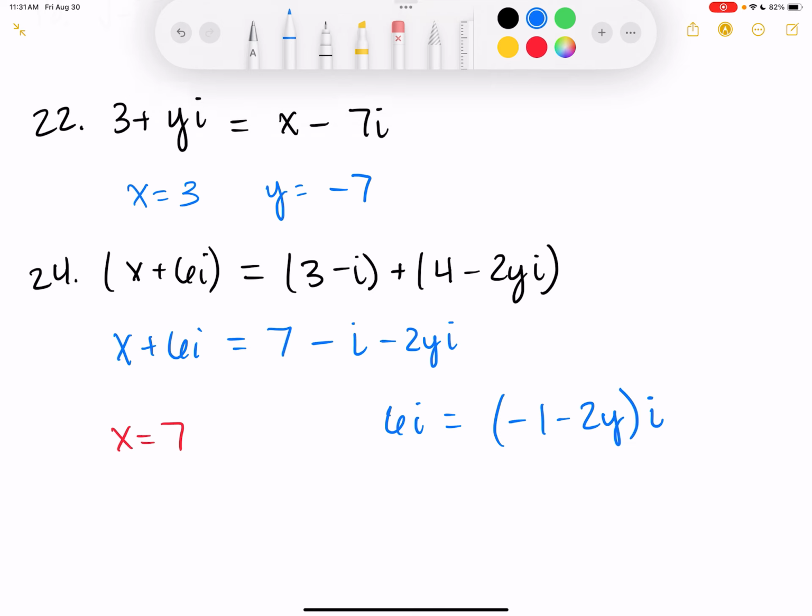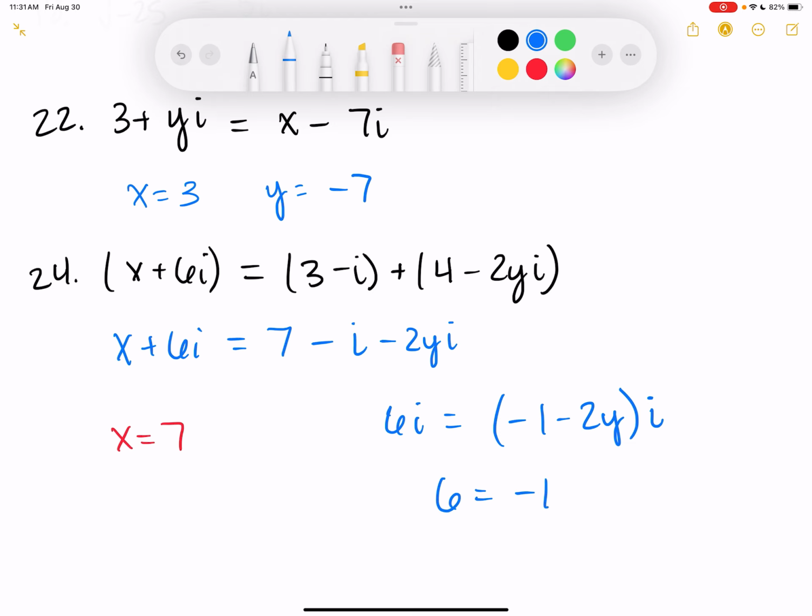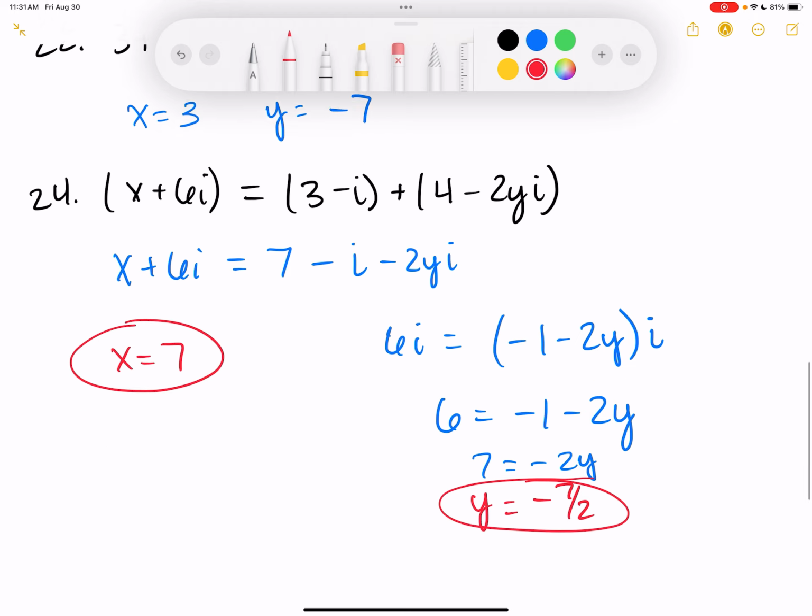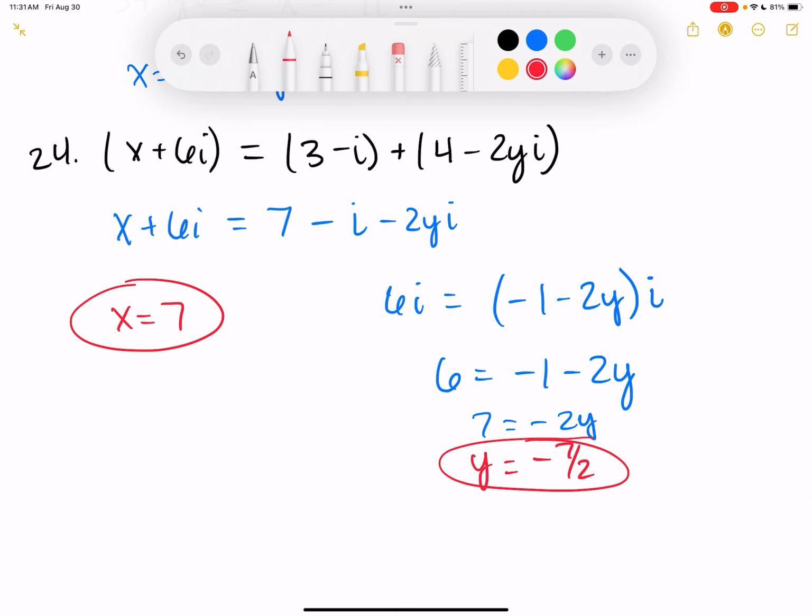So 6 is equal to -1 minus 2y. Then 7 equals -2y, so y equals -7/2. That was just kind of a weird one. I'm not inclined to give you one that's super crazy like that, but just so you've seen it.